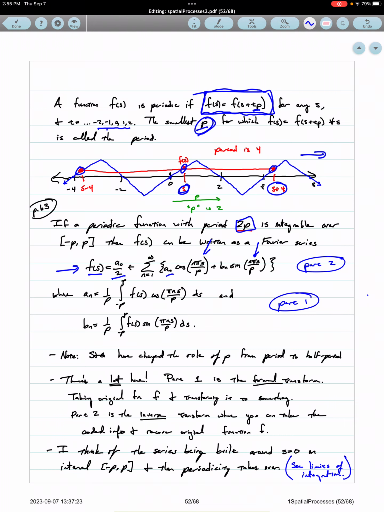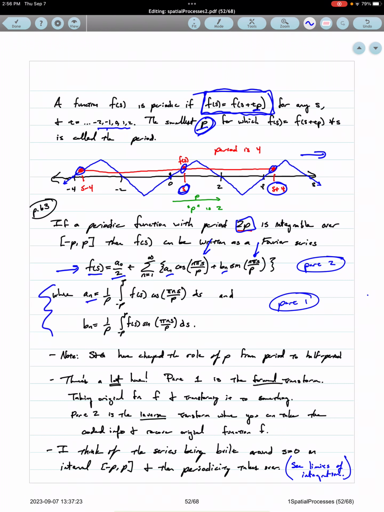The ANs and the BNs, these coefficients, are going to determine the magnitude of the cosine waves and sine waves. And so what we need is a recipe for obtaining those ANs and BNs, and that's given down here.